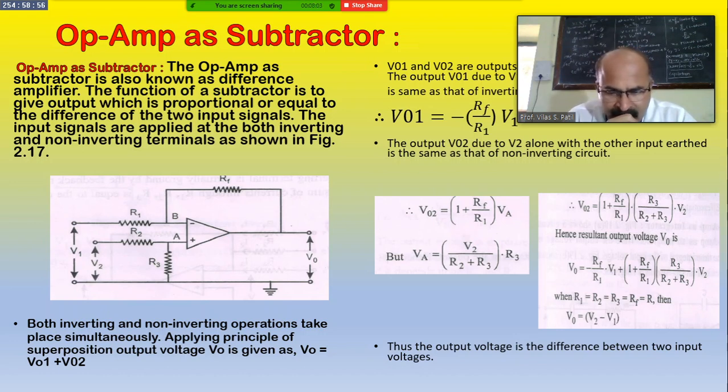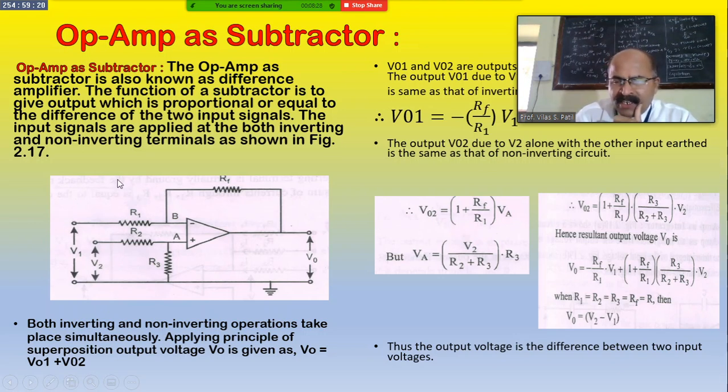According to this design, if R1, R2, R3 and RF are all equal to R, then V0, the observed output voltage, is the difference between the two voltages, that is V2 minus V1.